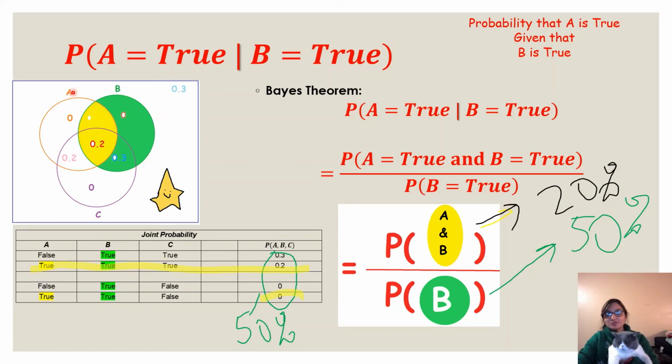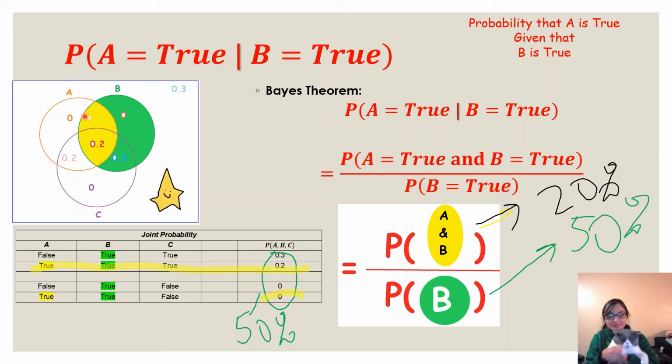And as you can see here, this giant circle of B being true is the denominator, which is equal to 50%. And the numerator is just this intersection. It's when A is true, given that B is true. So in the whole sample space, we just want to find this overlap.